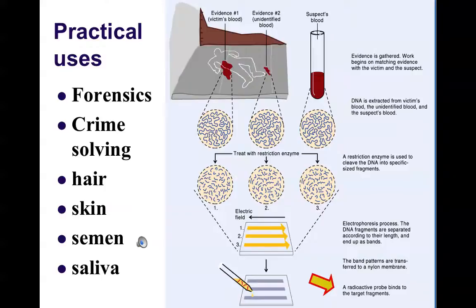Those are all good sources of DNA that can be used in forensics, paternity testing, clinical or medical evaluation. But of course, most of us are curious about how it's used in crime solving. It's been a very helpful tool.